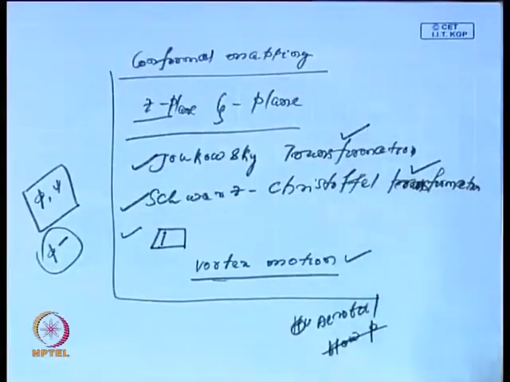We have seen how complex the algebra was, but the transformations were helpful in obtaining a very nice form of the solutions. Again, a very nice form of solution has been obtained by just the application of the Schwarz-Christoffel transformation.